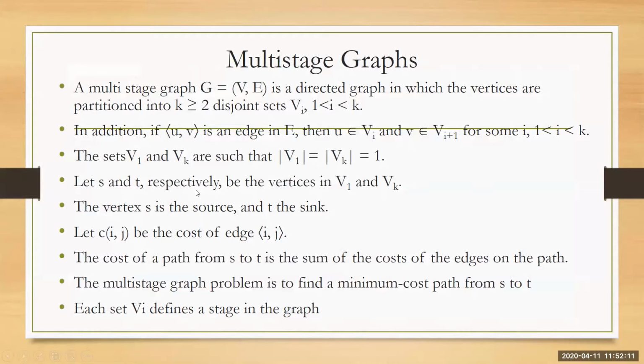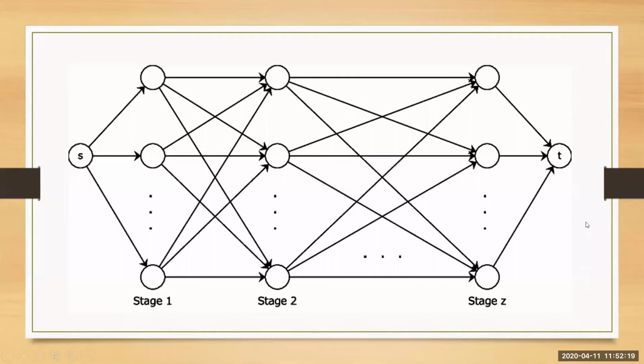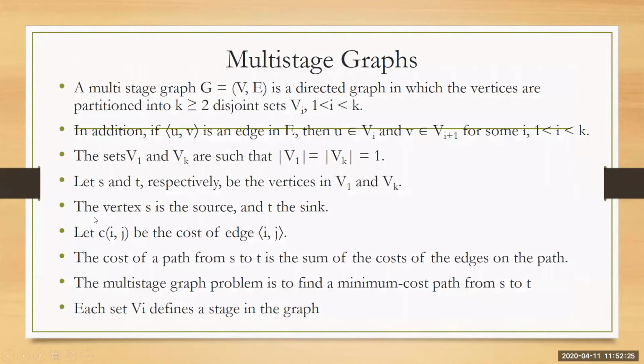Let S and T respectively be the vertices in V1 and Vk. So V1 contains one vertex S, and Vk contains one vertex T. S is the source and T is the sink, or we can call it the destination.